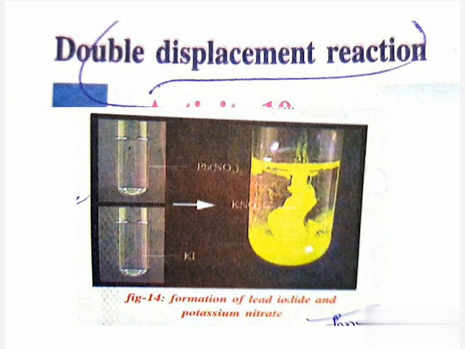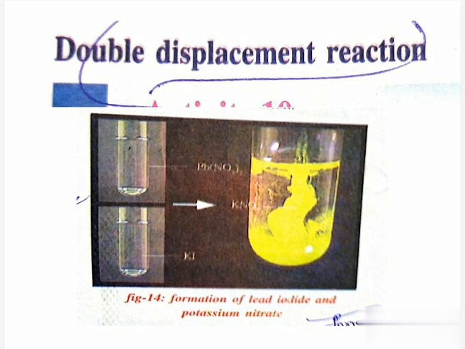First we took a pinch of lead nitrate and dissolved it in 5 ml of distilled water. After that we took a pinch of potassium iodide in a test tube and dissolved it in distilled water, and we mixed the lead nitrate solution with the potassium iodide solution. What happened when we mixed them?